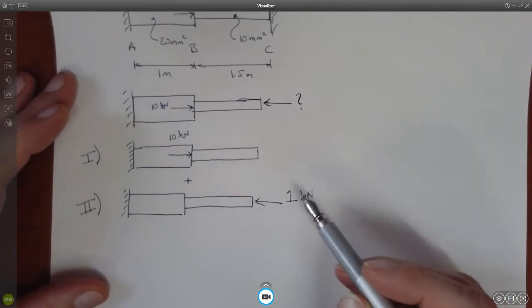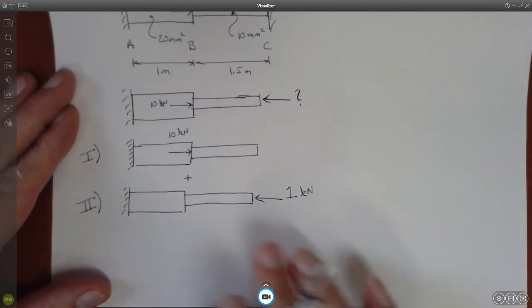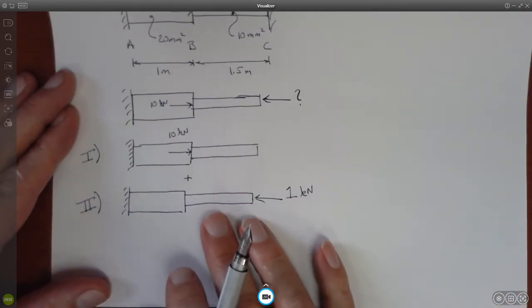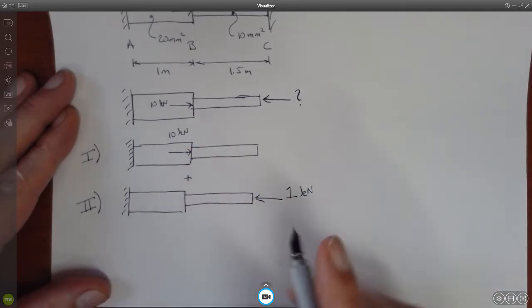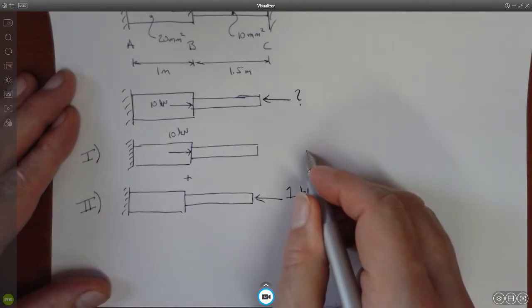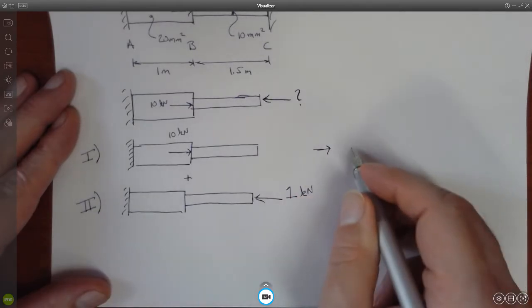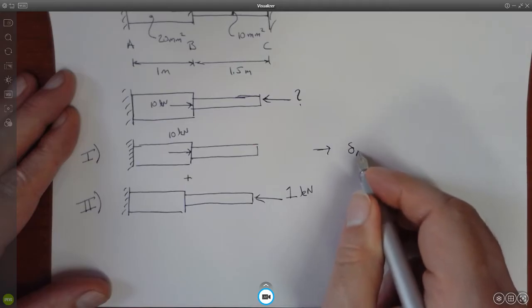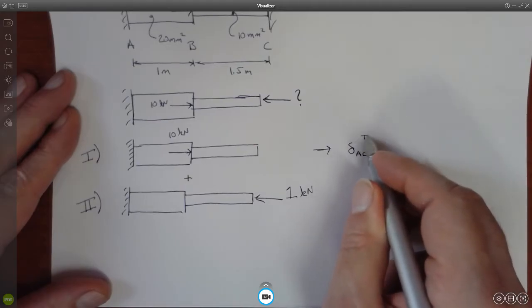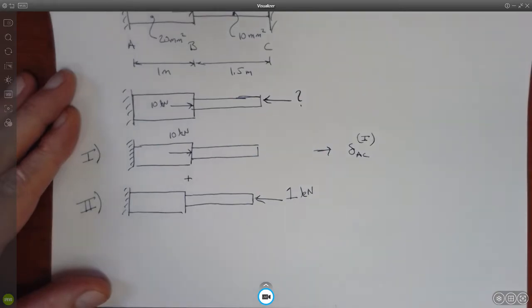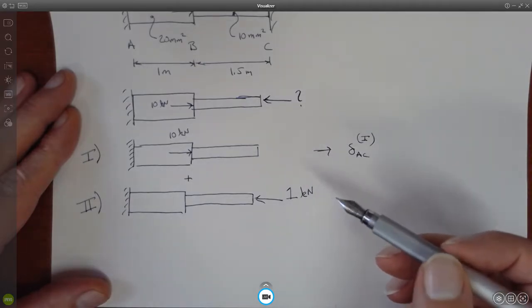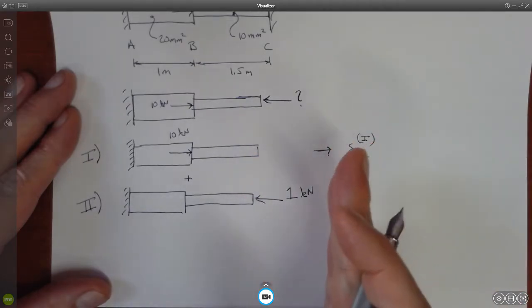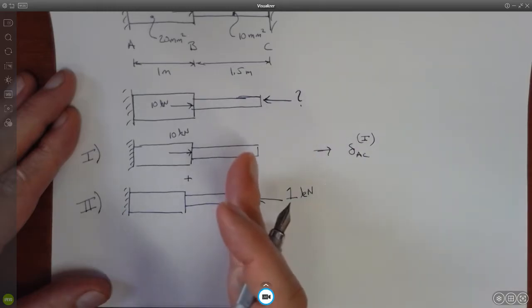So now here's how this is going to work, right? We're going to consider the superposition of these two load conditions. From this one, I am going to get an elongation from A to C due to that loading condition, all right? So it's going to stretch. Now, the question is, what's the force we have to apply on point C to push it back to 0?